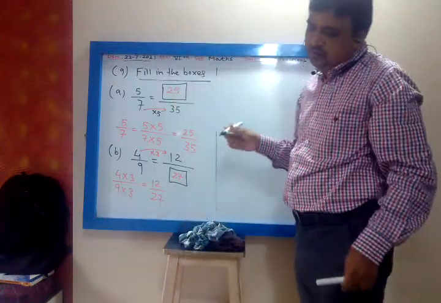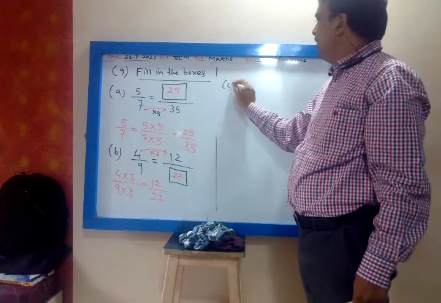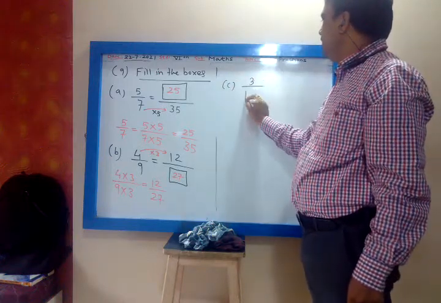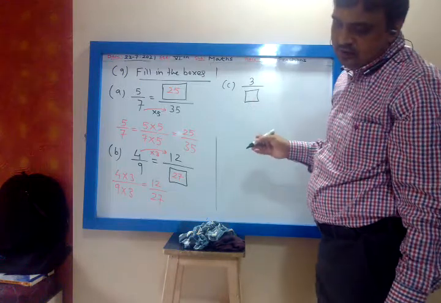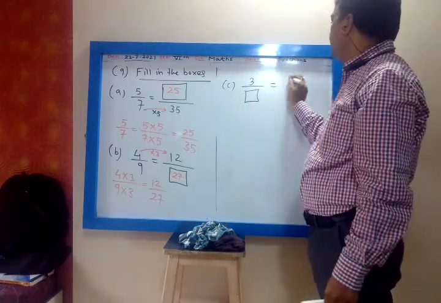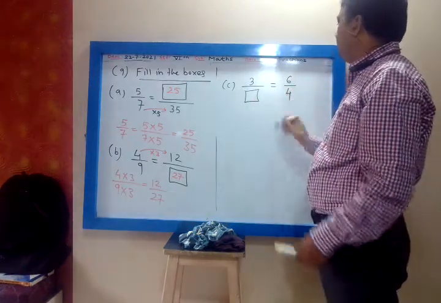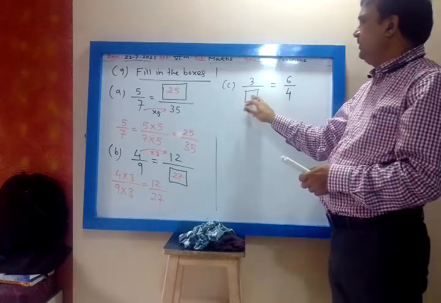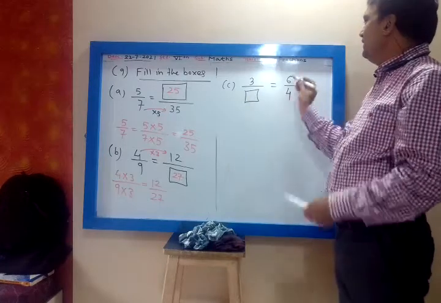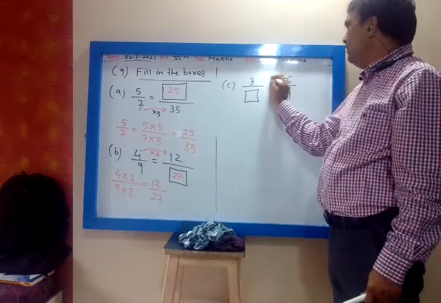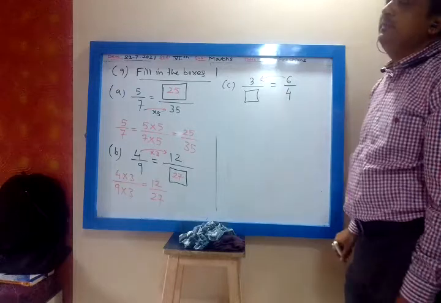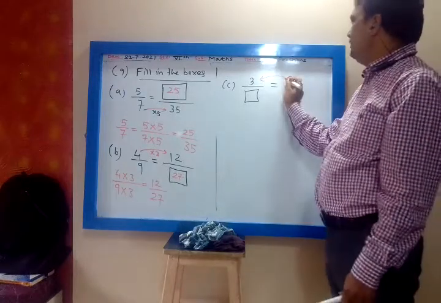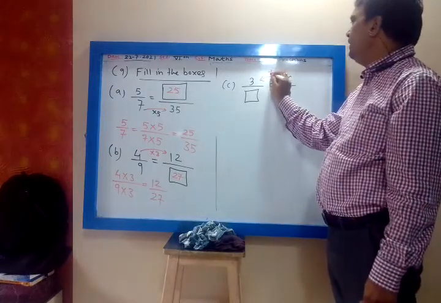See also, 3 upon box is equal to 6 upon 4. Now we have to fill this box. 6 becomes 3 when we divide by 2.